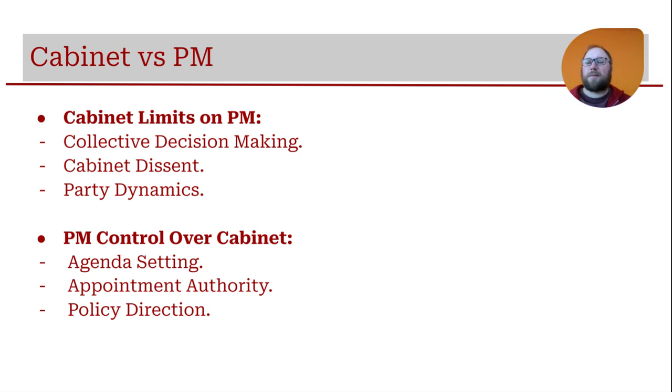So how does the Cabinet limit the Prime Minister? Well, the Cabinet limits the Prime Minister through collective decision-making. They have these Cabinet meetings and they are able to discuss and debate the key things at these meetings. It's possible for Cabinet members to dissent, not publicly because of individual ministerial responsibility, which we'll talk about a bit later.